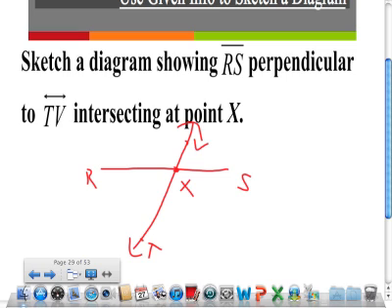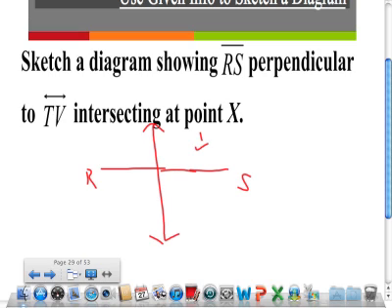I probably should have drawn this more to scale, so I'm going to erase that. My apologies. So here's segment RS, line TV, point X. Now here's the deal. Right now they appear to be perpendicular, but until I tell you that that's a right angle, you cannot assume that. So you must have a right angle there.